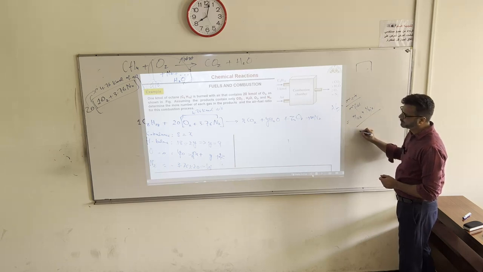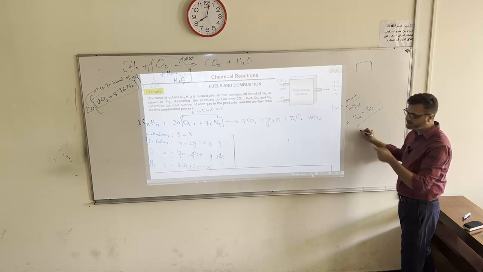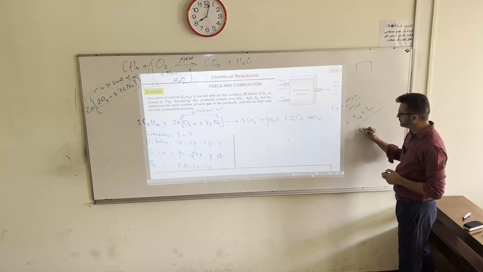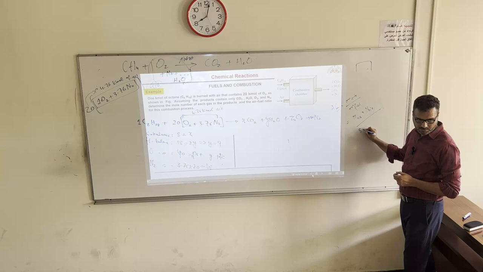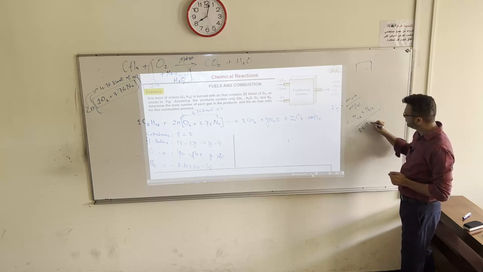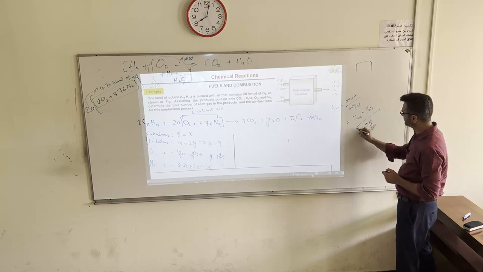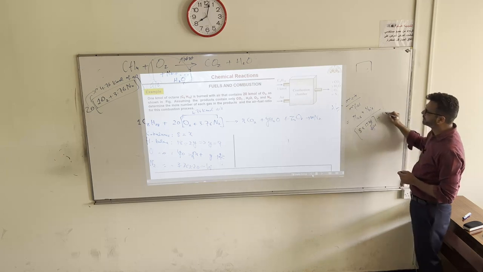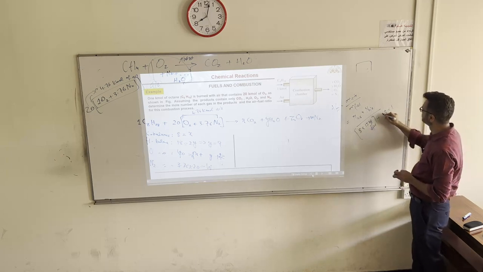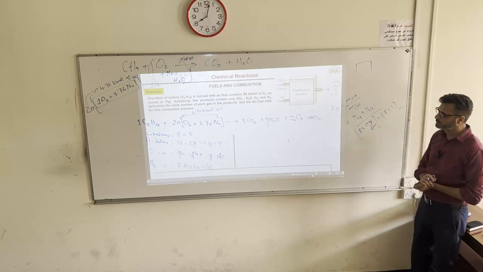For C8H18, it means 8 kilomoles of carbon multiplied by 12 kilograms per kilomole, plus 18 times 1 for hydrogen. This is carbon.